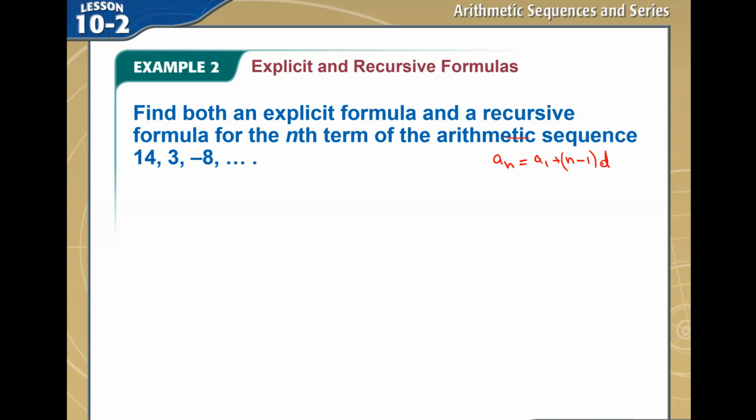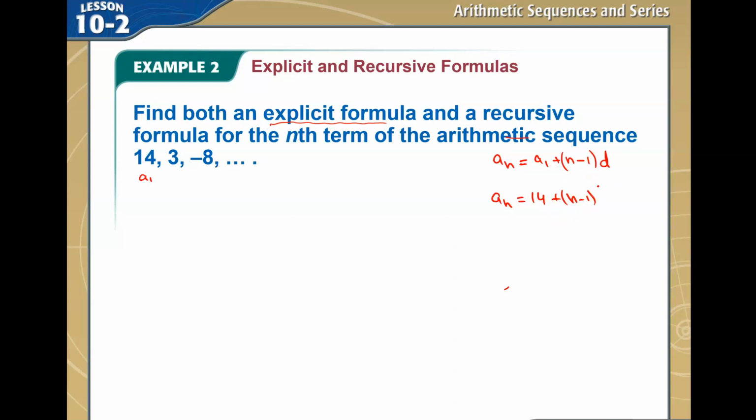If you are going to find the explicit formula, you will find A1 and D. This is A1, so we substitute it here. We get An equals 14 plus (n minus 1), and next we need to find D.